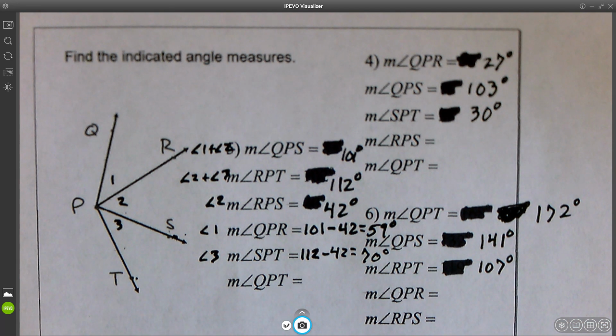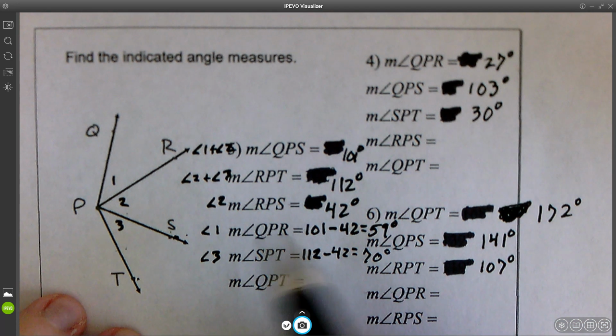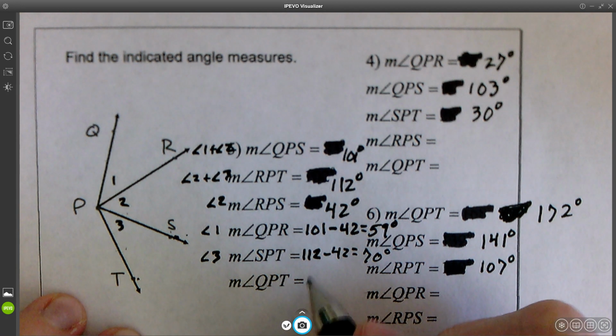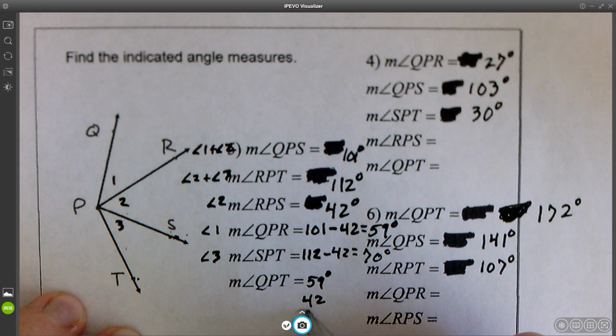Now we know what 1, 2, and 3 are. So you've got 1, 59 degrees, 2, which is 42 degrees, and 3, which is 70. 9 plus 2 is 11.